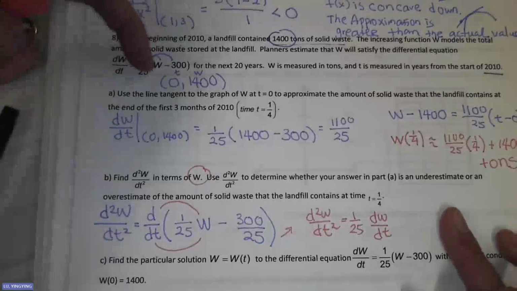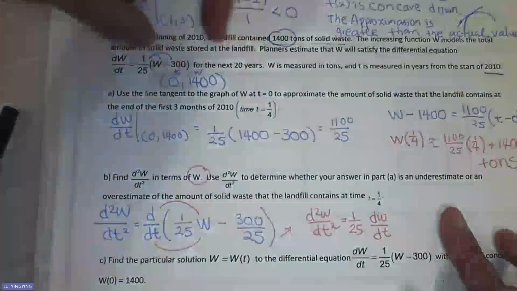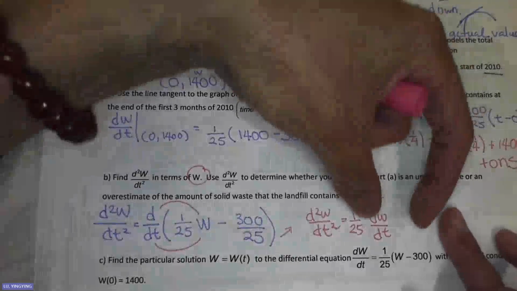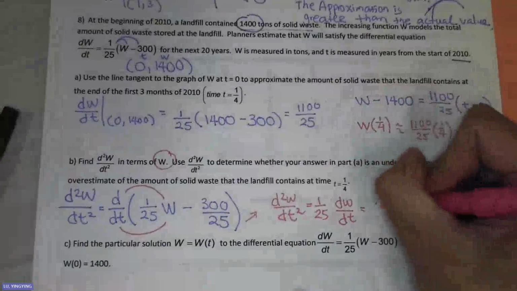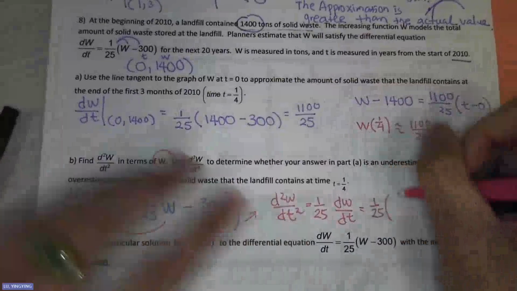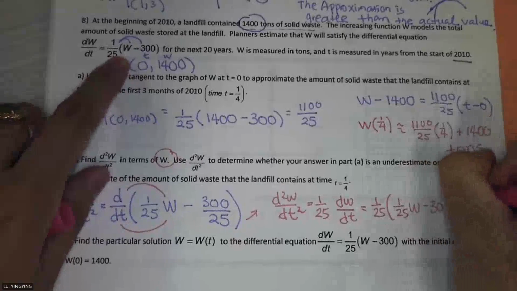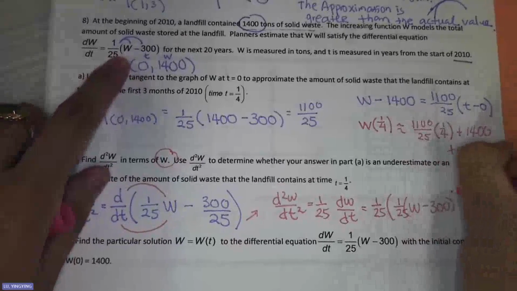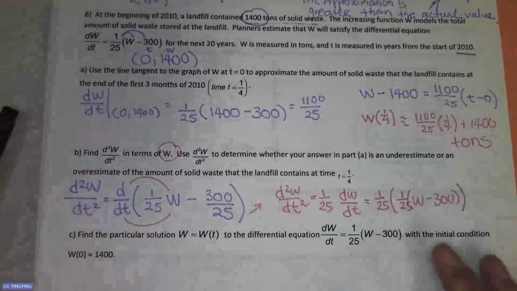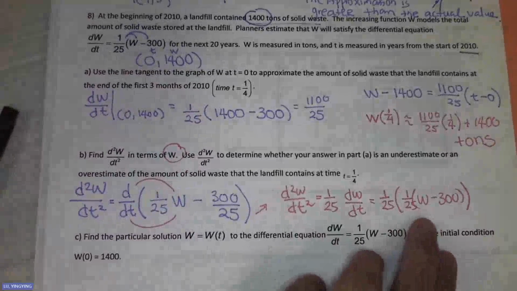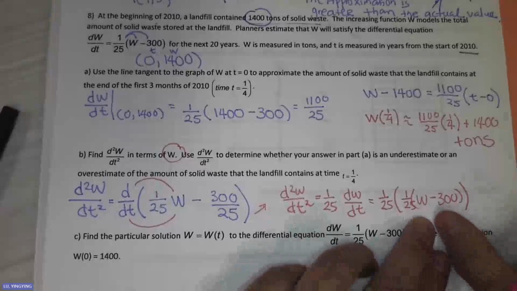So this is in terms of W. What they mean is they want you to replace dW/dt, whether it's distributed or not, it doesn't matter, into this. And that'll be my final answer. So again, with or without distributing doesn't matter. I'm gonna stop here. That's what I mean by taking the second derivative in terms of W, okay?